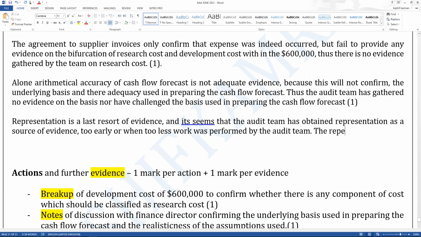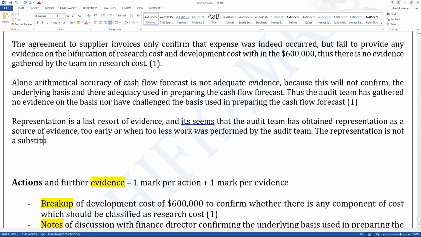The representation is not a substitute for the evidence obtained directly by the auditor. 1 mark.